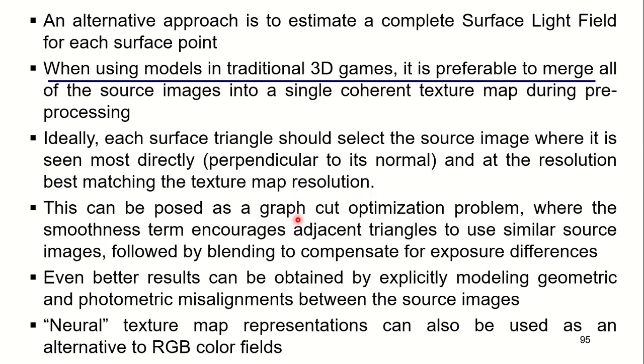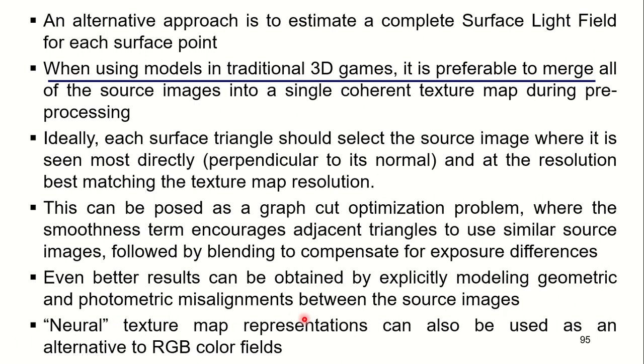This can be posed as a graph cut optimization problem, where the smoothness term encourages adjacent triangles to use similar source images, followed by blending to compensate for exposure differences. Even better results can be obtained by explicitly modeling geometric and photometric misalignments between the source images.